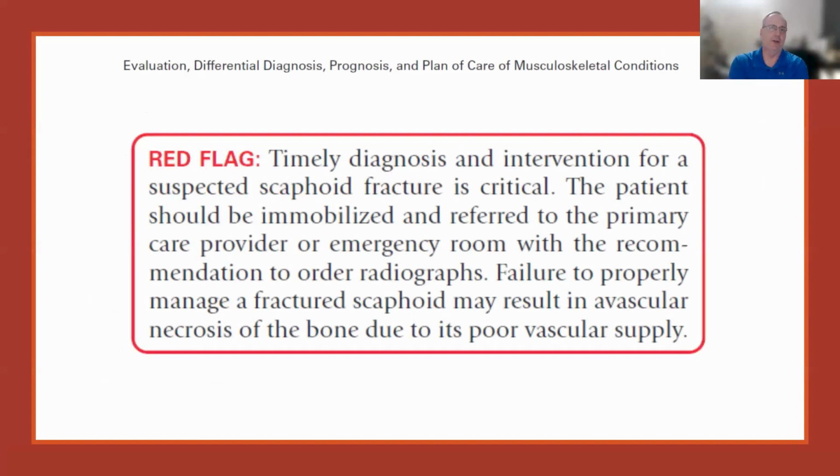This is an excerpt we have in chapter 2 of our musculoskeletal chapter, and really throughout the book, actually, we have a number of red flag boxes. The whole issue is we want to make sure that timely diagnosis and management of a suspected scaphoid fracture is critical because of the potential for avascular necrosis.